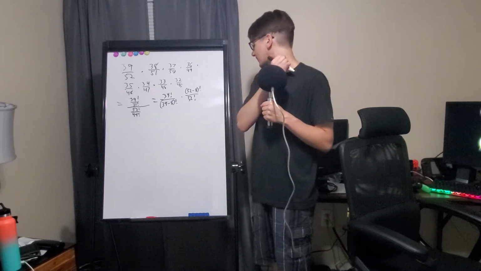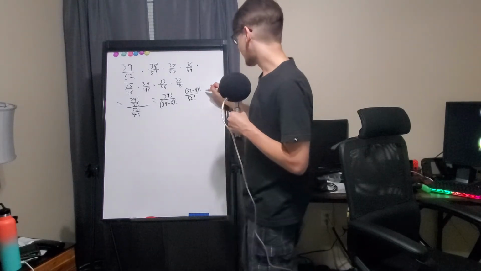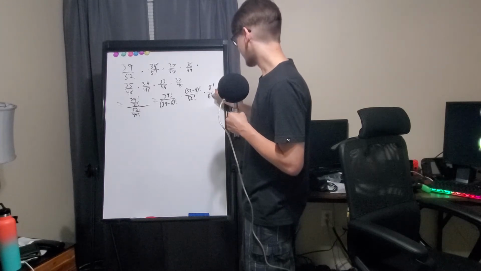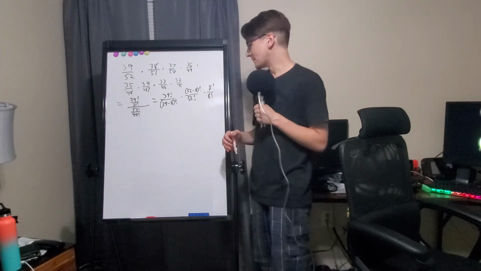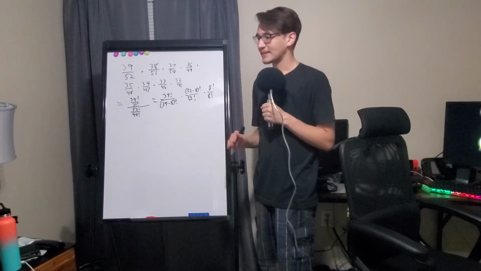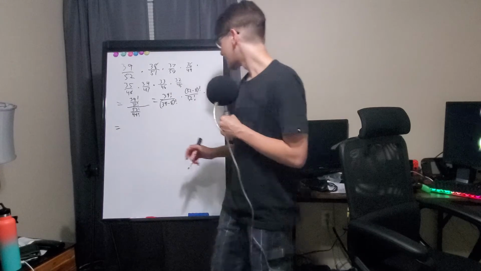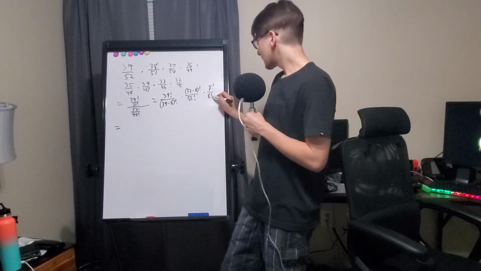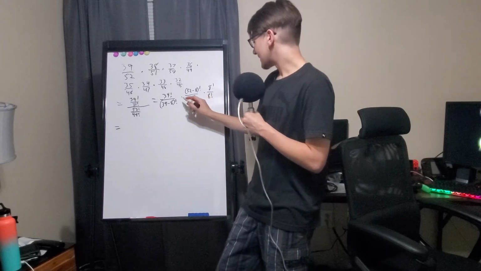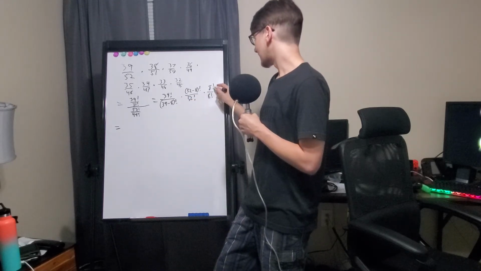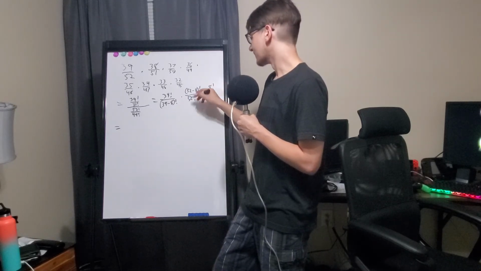Well, what we're going to do is multiply this whole thing by 8 factorial over 8 factorial. Yeah, if this doesn't make sense, trust me, it will in just a second. So we're going to multiply this 8 factorial into this denominator and multiply this 8 factorial into this numerator.